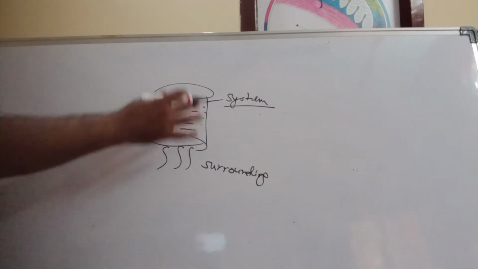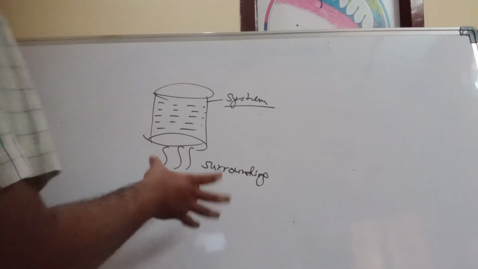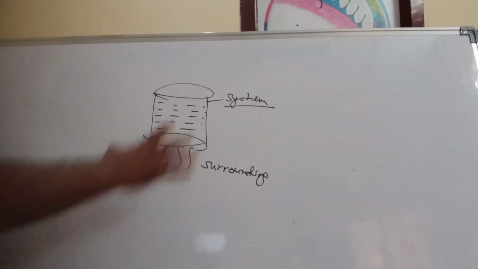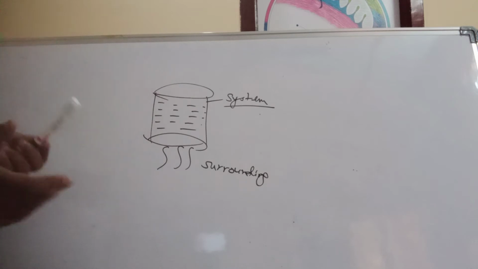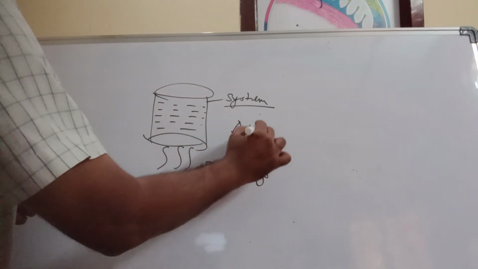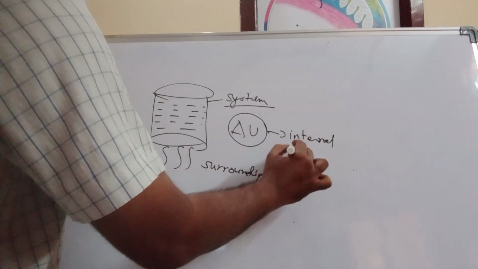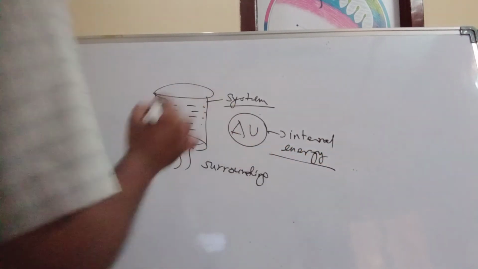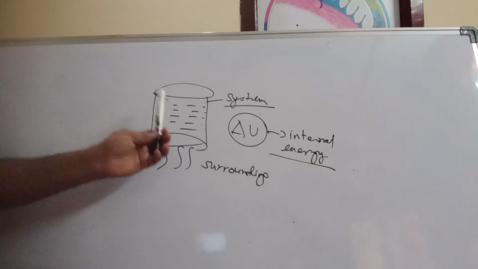What is happening? Initially, there was some kinetic energy of the molecules. But when you started giving this heat, what happened? The kinetic energy of the system got altered. So we have earlier seen that the sum total of all the kinetic energy of the molecules is called internal energy. So when you are giving heat to the system, there is an alteration, a change, in the internal energy of the system.